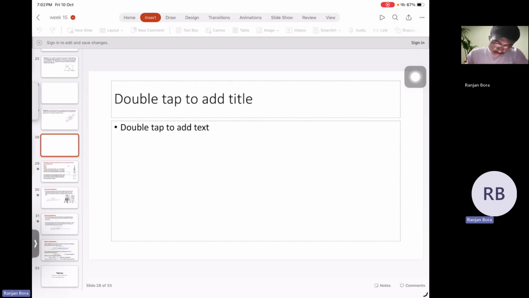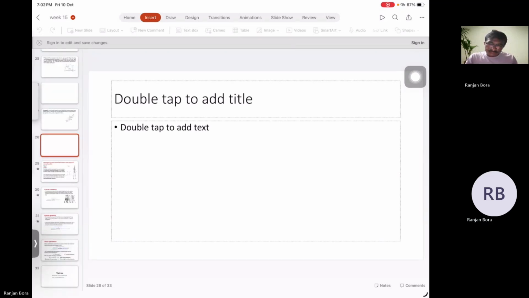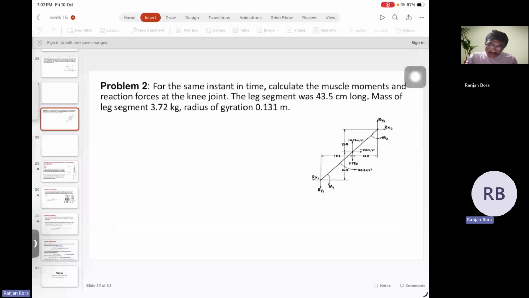Not getting the option. Okay. I did not sign it.